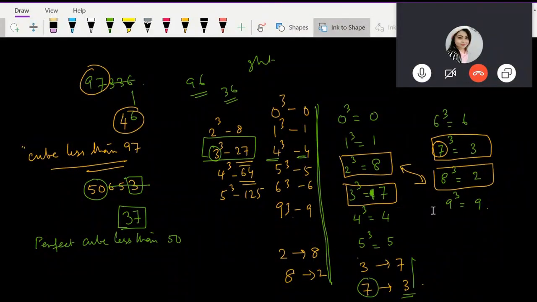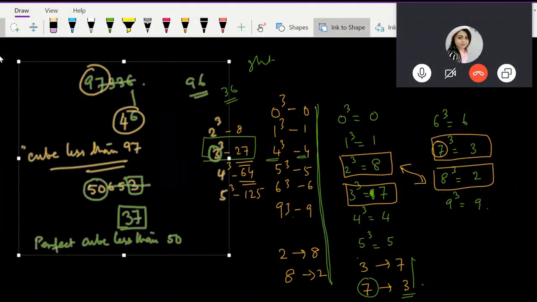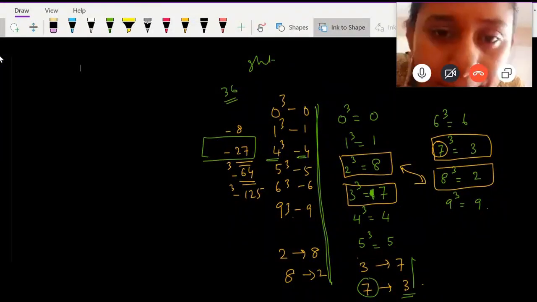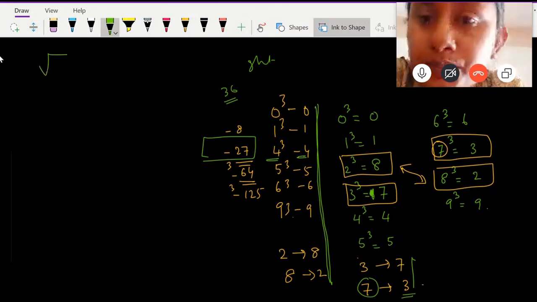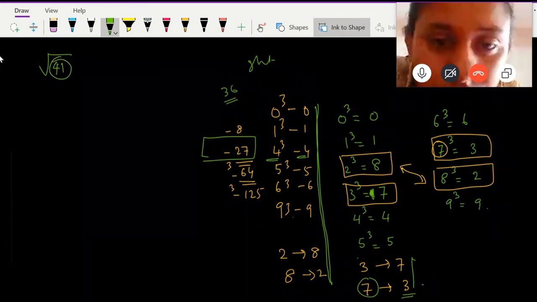Yes, sir. Tell me. Can you please repeat the square root of 41? Sure. When we have the square root of 41, we first look at the number 41 itself.